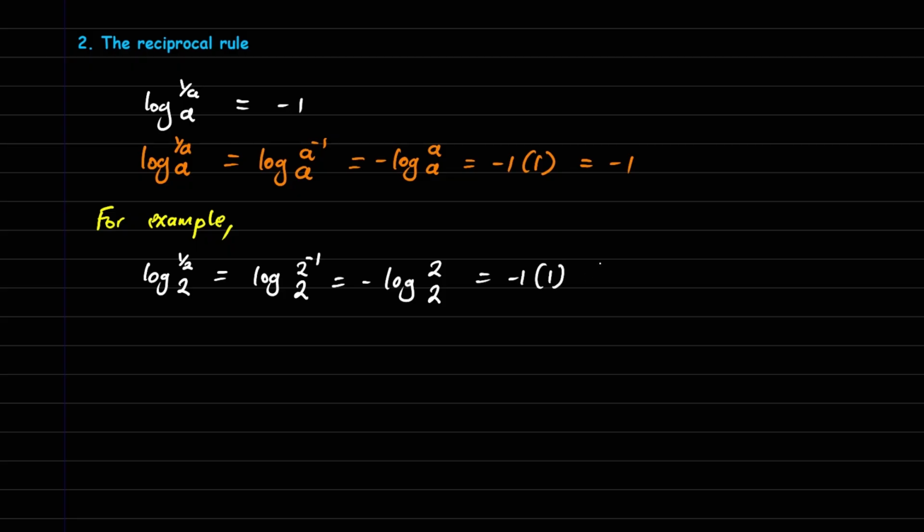And negative 1 times 1 equals negative 1. Also, if we have log of 1 over x base c, from indices 1 over x is the same as x to power negative 1. So we will have log of x to power negative 1 base c. But from power rule, negative 1 will become a coefficient of this logarithm. So we will have negative log of x base c.